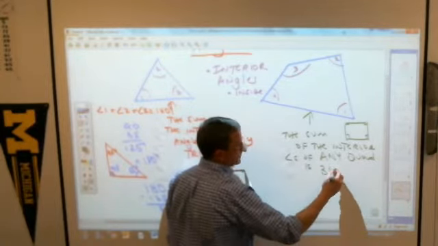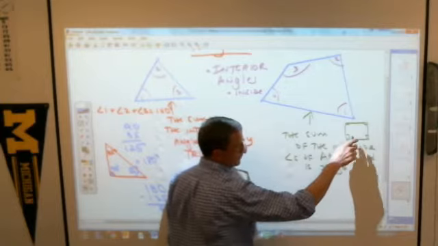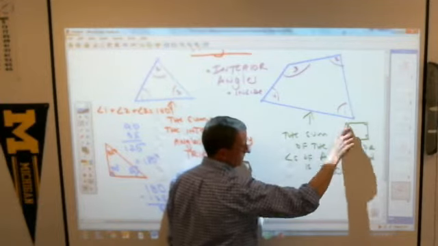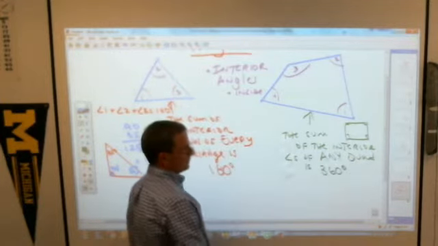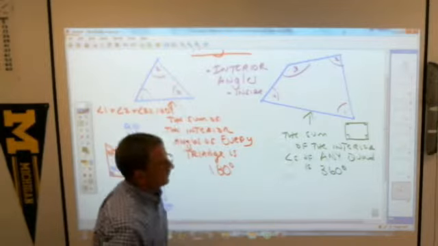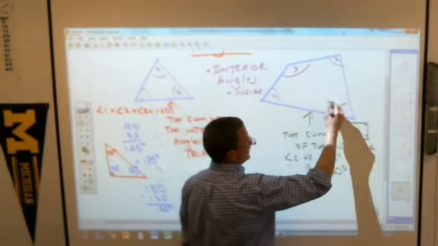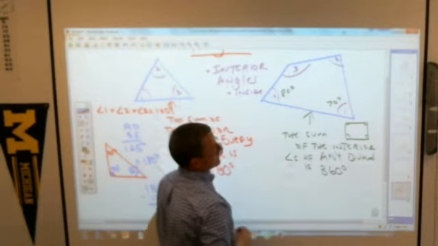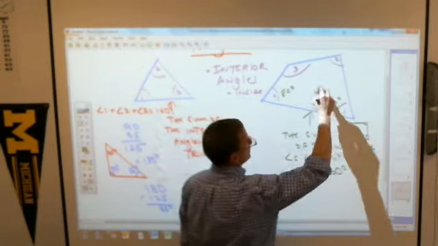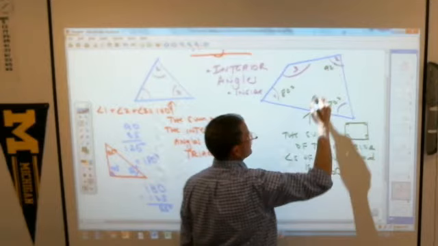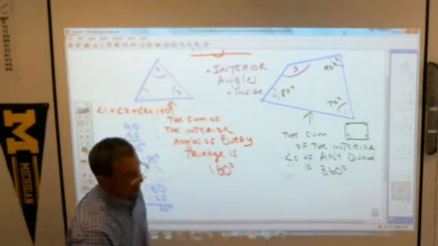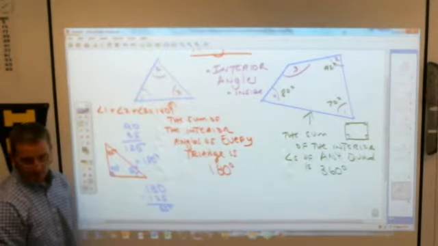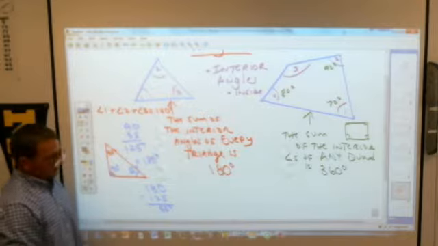Right, 360 degrees. Because if you had a square, it'd be 90 plus 90 plus 90 plus 90, which is 360 degrees. So, if I knew that this was 70 degrees, and I knew that this was 80 degrees, and I knew that this was 92 degrees, how could I figure out what angle 3 is? Ethan Malis, what would I do?